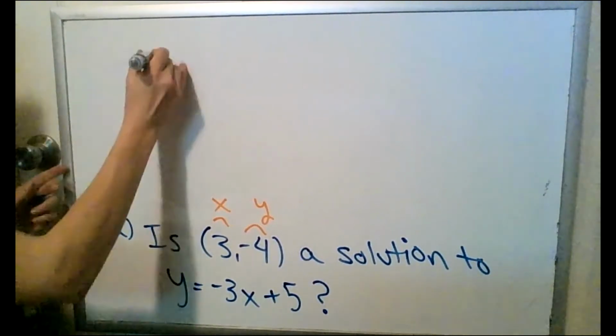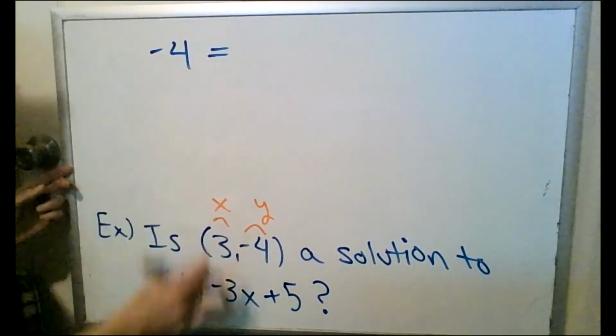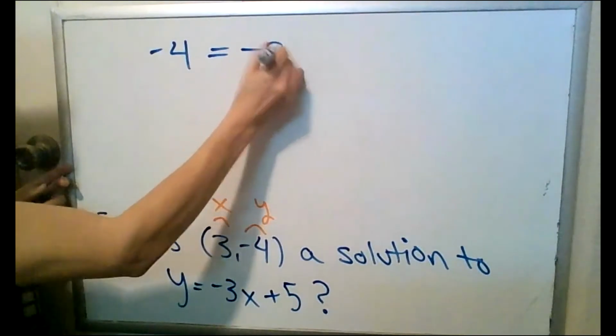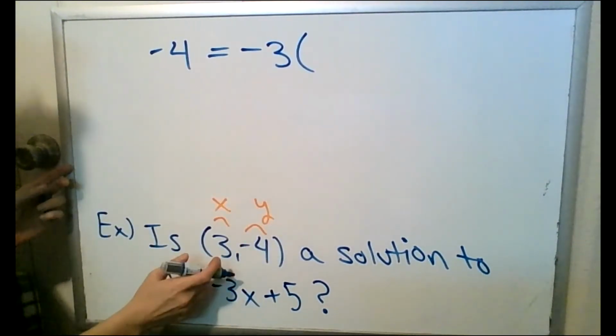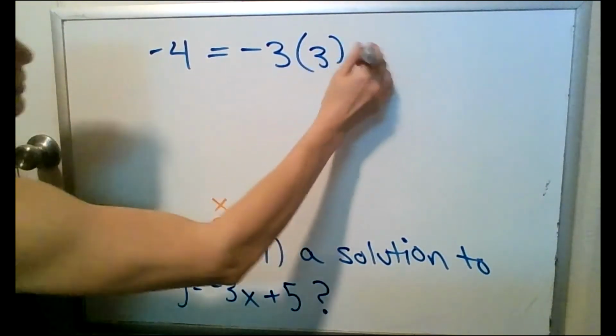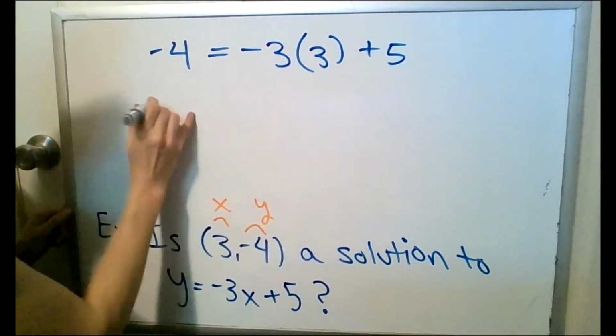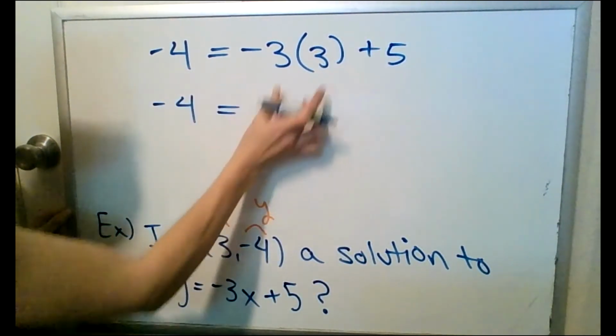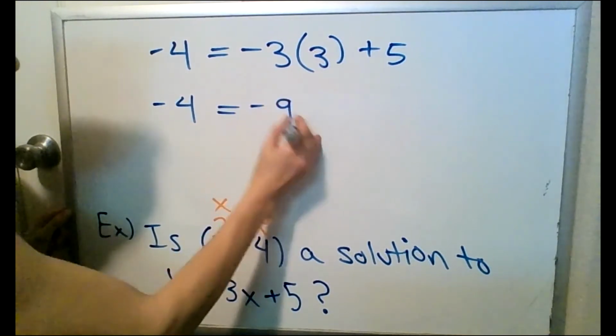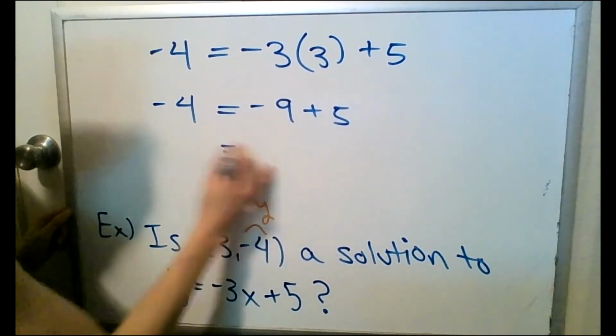I'm going to have -4 equal to -3 times 3, and then add 5. -9 plus 5 is -4.